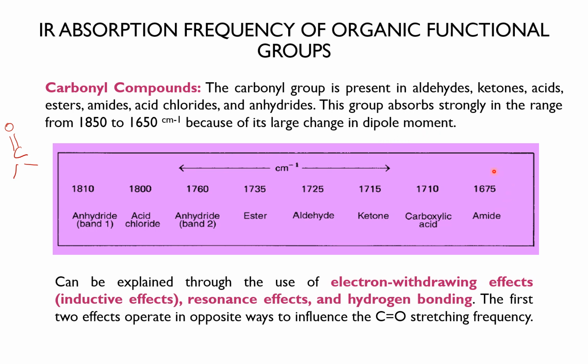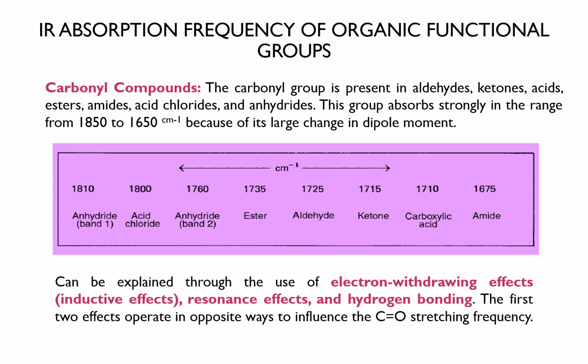So if we see the amide functional group, its absorption frequency is the lowest, which is 1675 centimeter inverse, and for anhydride the value is highest, which is 1810 centimeter inverse. In between we have carboxylic acids, ketones, aldehydes, esters and acid chloride absorption frequencies.